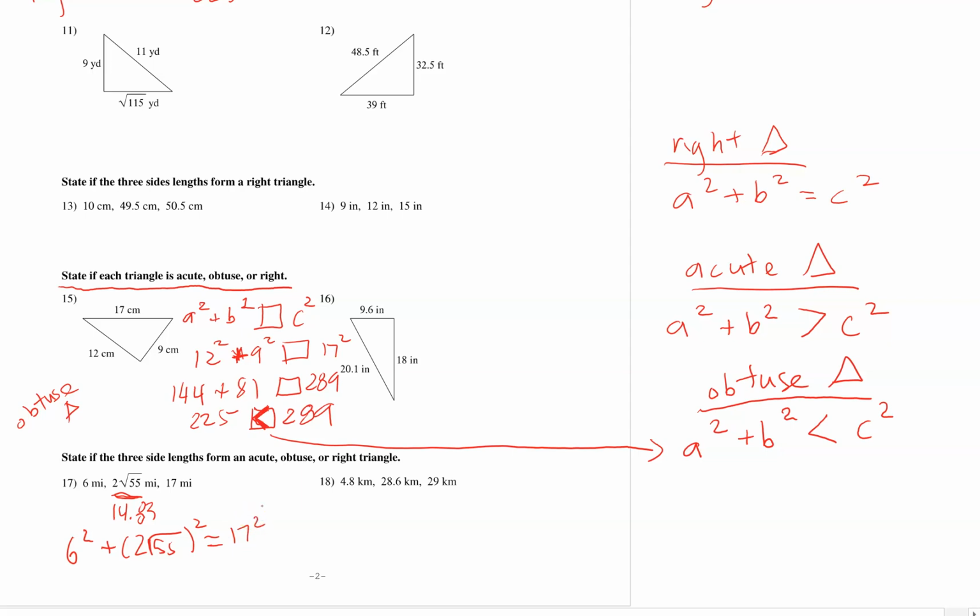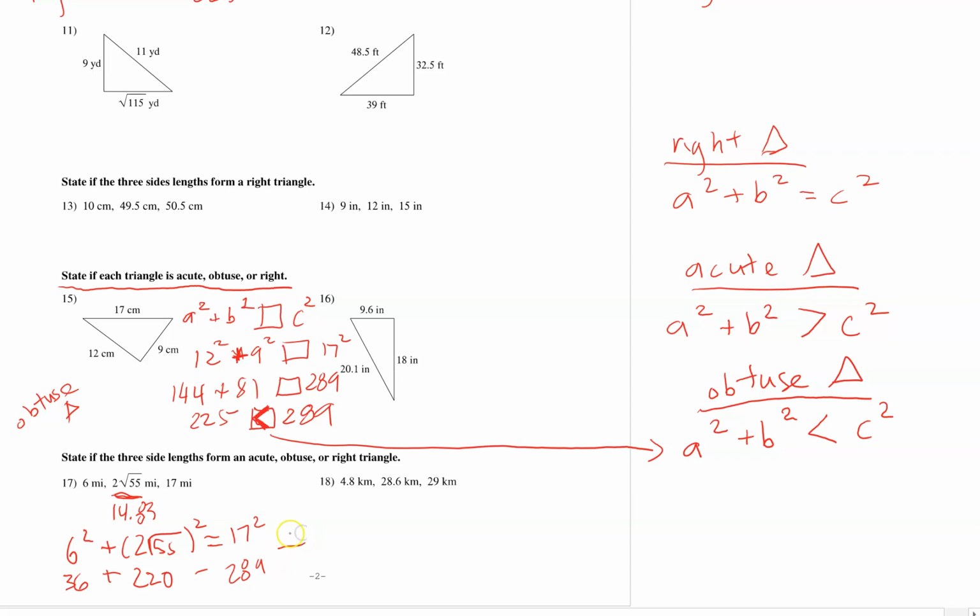Putting it into your calculator, I have 36 plus 220, and then 17 squared is going to be 289.